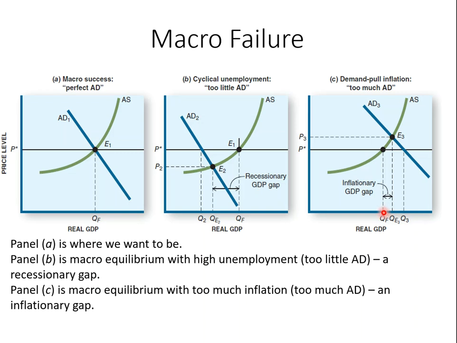We can see there is a gap between QF and QE3, and since QE3 is larger than QF, we consider this an inflationary GDP gap. Usually when we see an inflationary GDP gap, we will have demand-pull inflation. Now we're going to look at the last two pictures in detail, one by one. First, we will look at the recessionary gap.